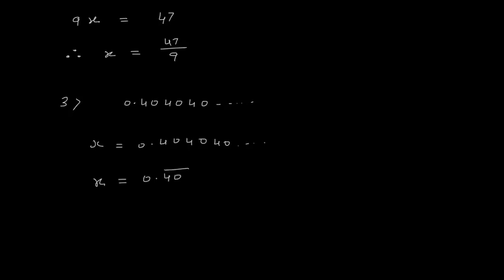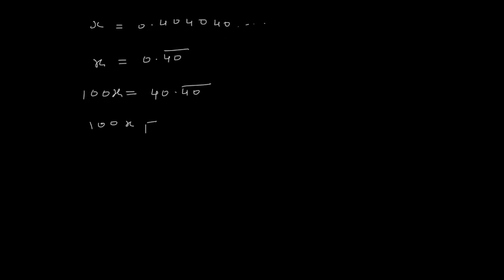Now here on 2 digits we have bar, so we multiply them with 100. So when only one bar is there, multiply by 10. When on 2 digit bar is there, multiply by 100. So here I will get 40.40 bar.